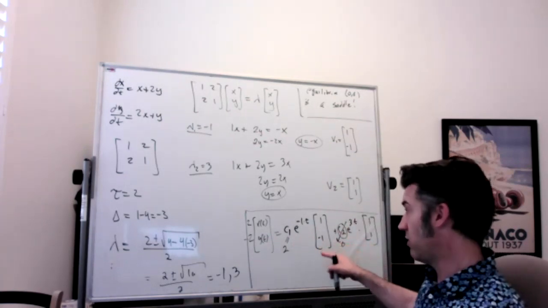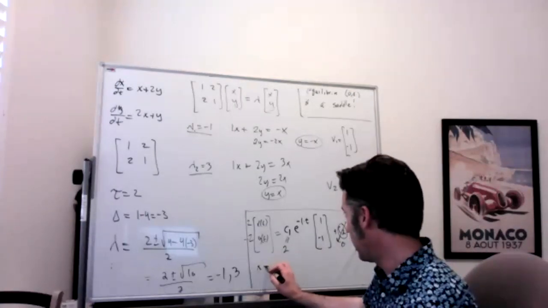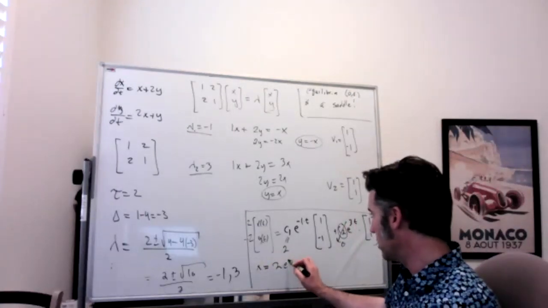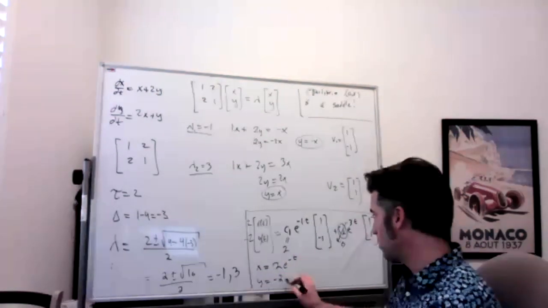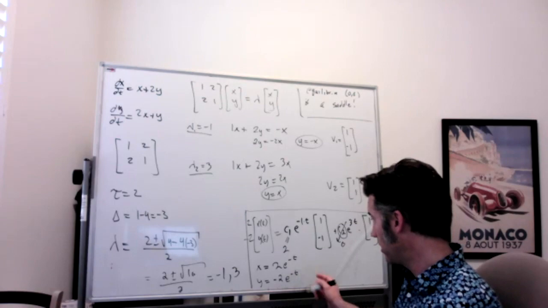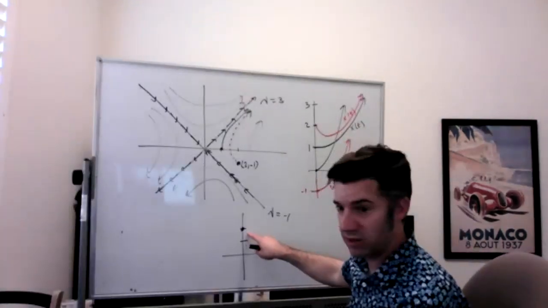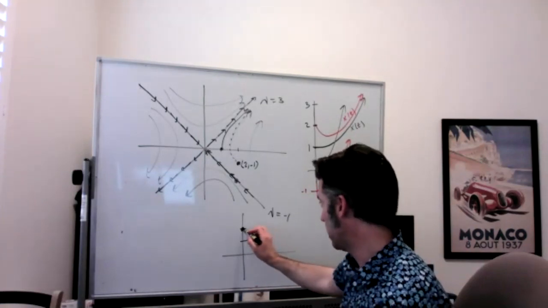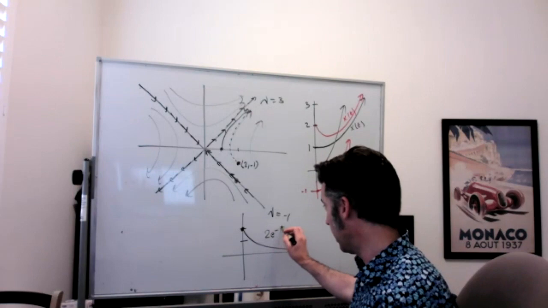So then if I start at that point, my system of equations is essentially just x equals 2e to the negative t and y equals negative 2e to the negative t. So x is going to start at 2 and it's going to look like 2e to the negative t.